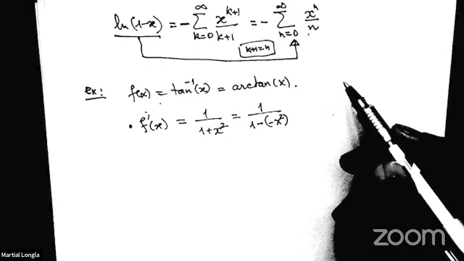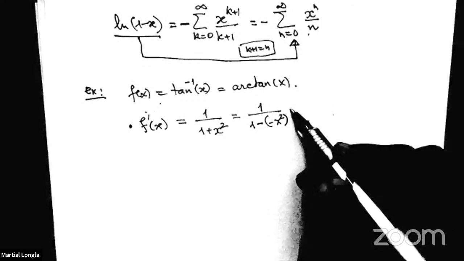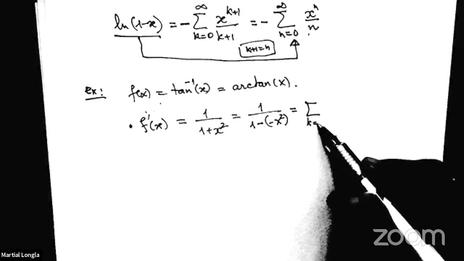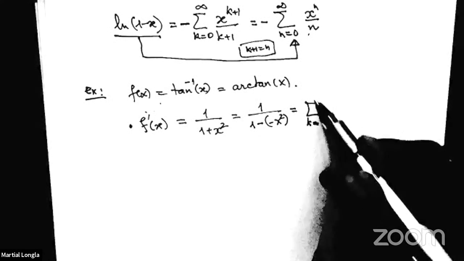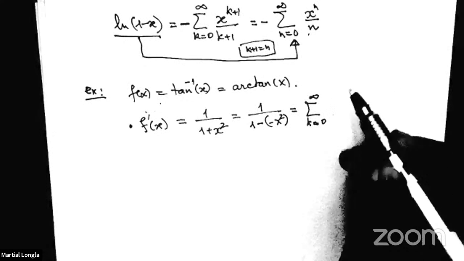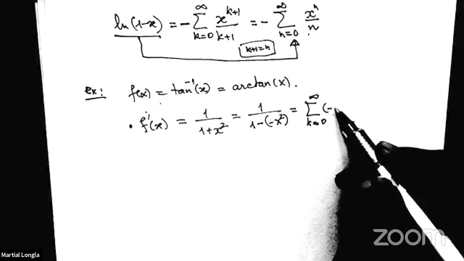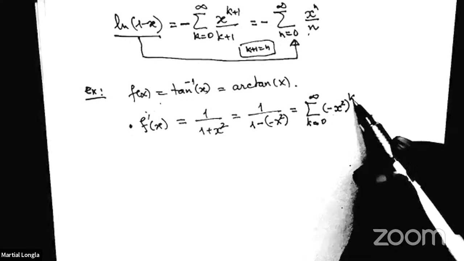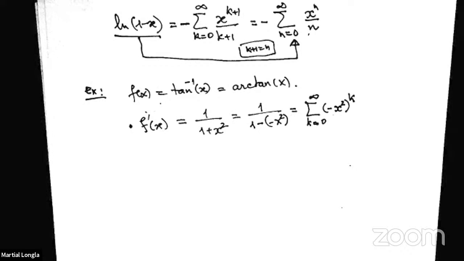Right? Okay. So you got here what? And I said that was equal to negative x to the 2k, negative x squared to the k.